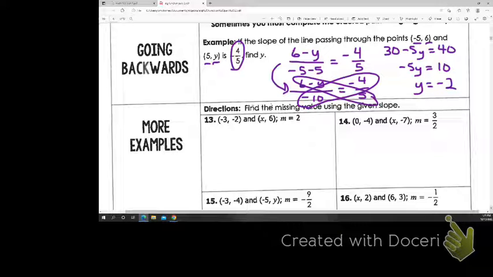So I had 30 subtract negative 5. And then negative 4 times negative 10 is 40. Now we've got a nice two-step equation. Subtract 30. Divide by negative 5. And the missing y is negative 2.